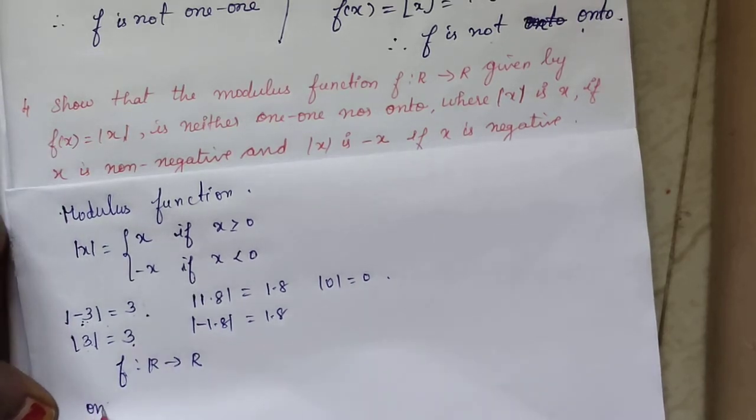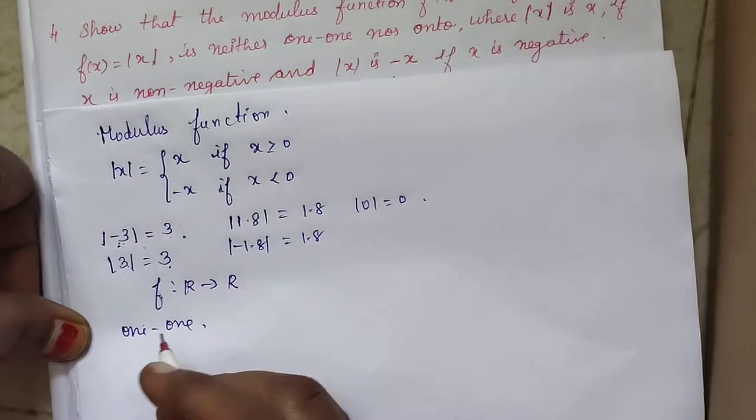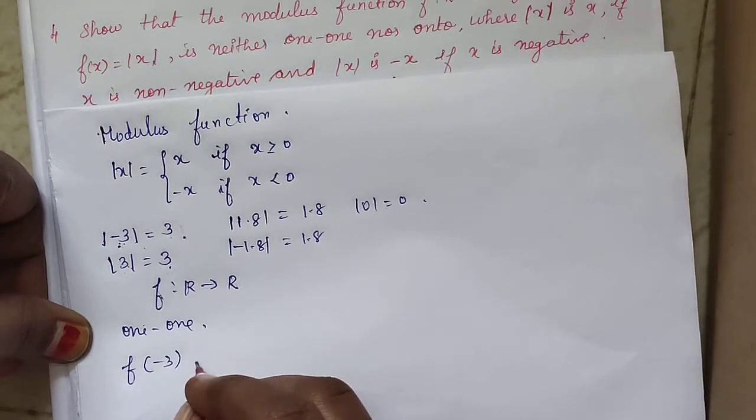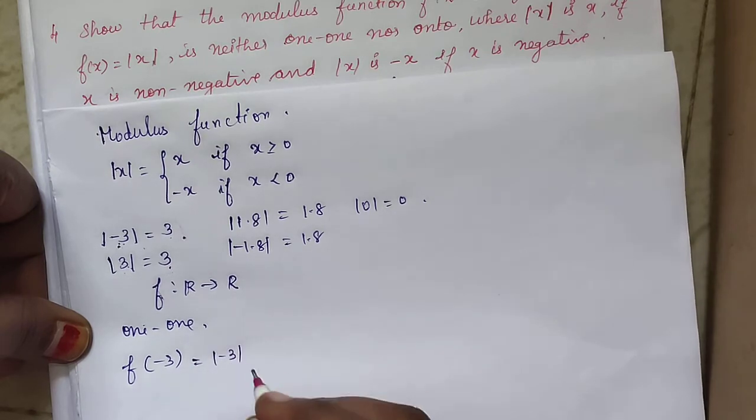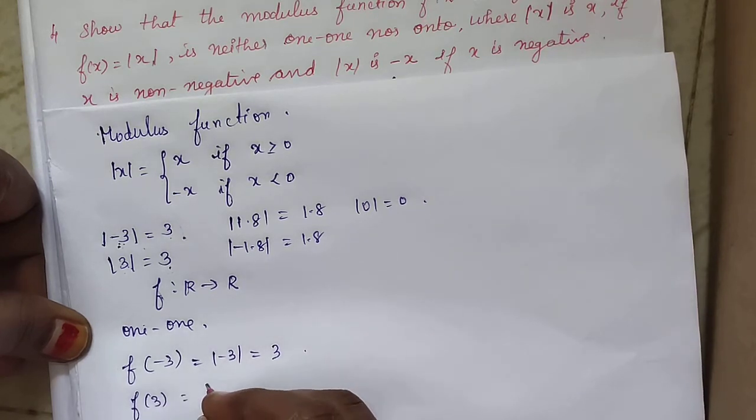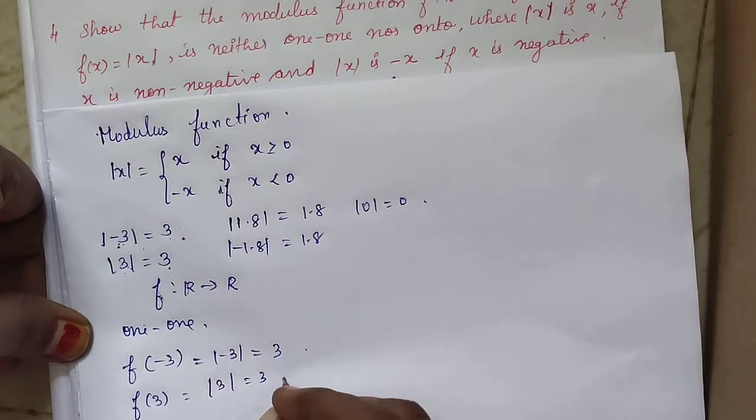Now see, for one-one function, f of minus 3 is equal to modulus of minus 3, that is equal to 3. Now f of 3 is equal to mod 3, which is equal to 3.